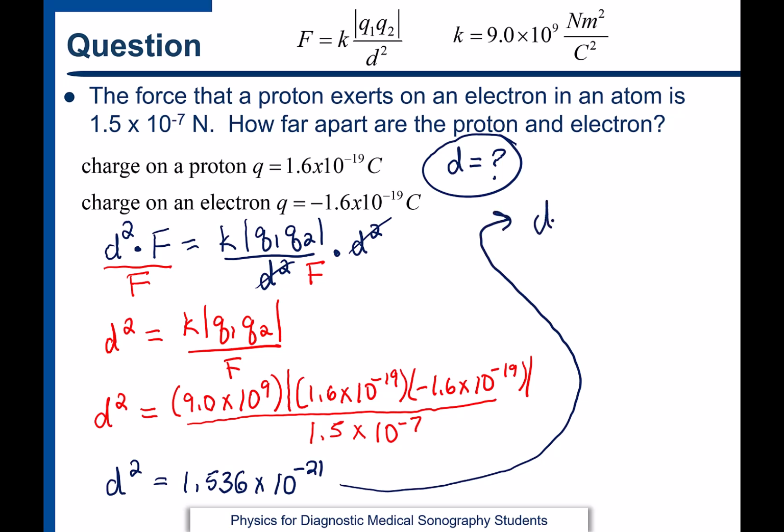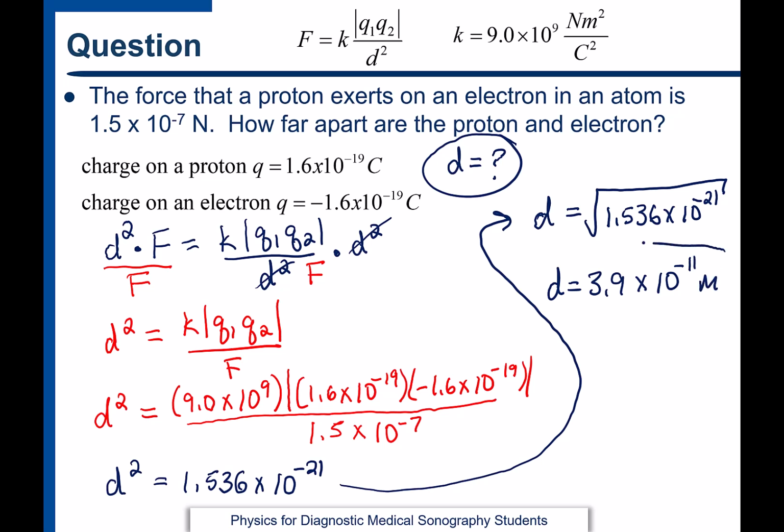So d is going to be the square root of 1.536 times 10 to the negative 21. When you do that, you should end up with a final value of 3.9 times 10 to the negative 11th meters. So that's our answer.